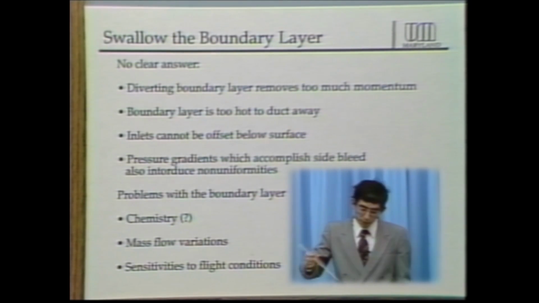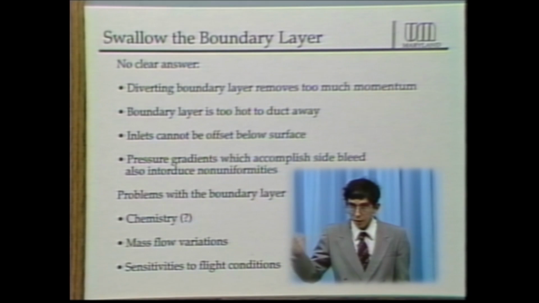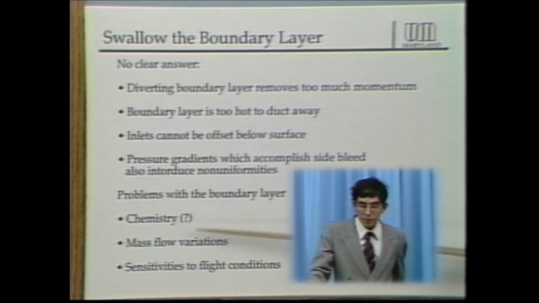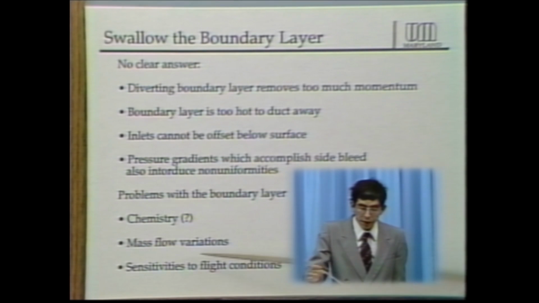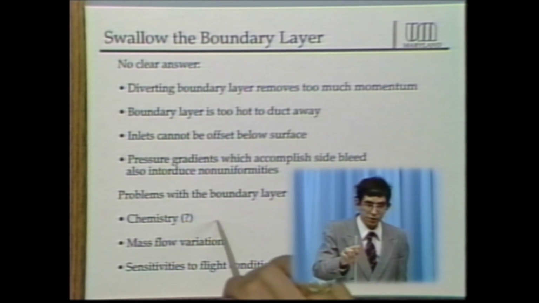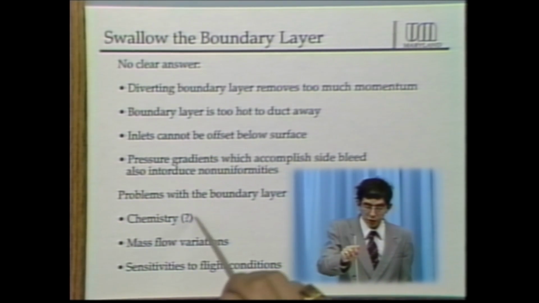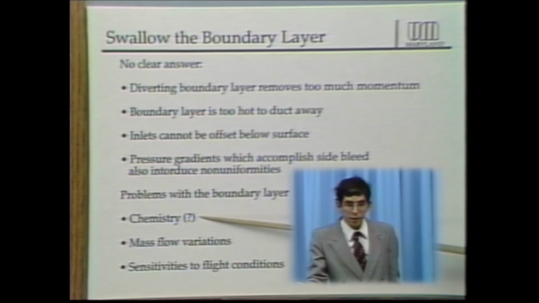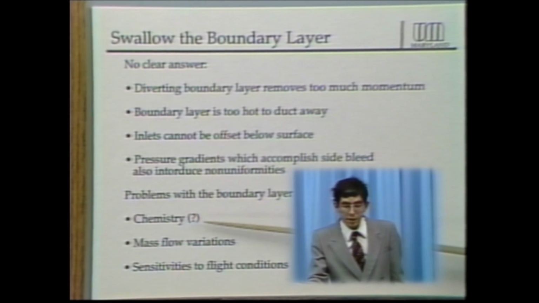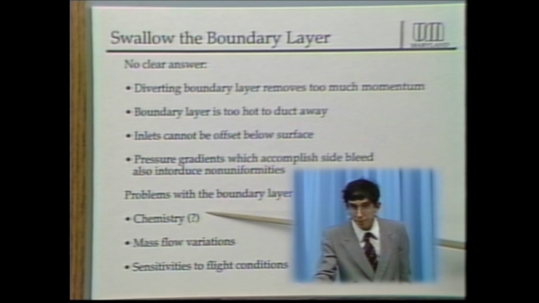Other problems with the boundary layer. We've been talking about the boundary layer being very thick, not having much mass. It isn't clear what the chemistry of the boundary layer will be like. Can we get fuel to react with the boundary layer gas? That's not clear. There isn't much in the boundary layer to react with anyway. And the boundary layer will be extremely hot, probably above the equilibrium combustion temperature of the fuel. So that must be completely lost to the combustion system.